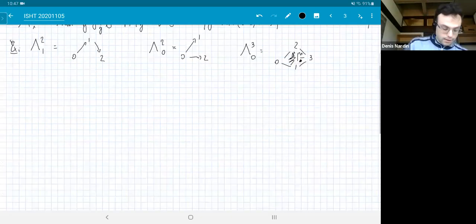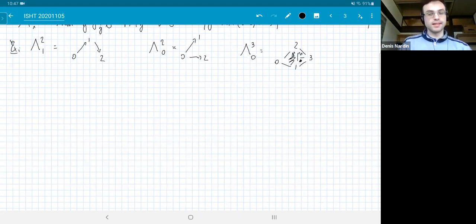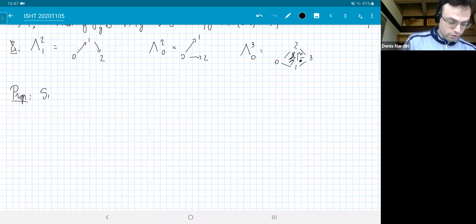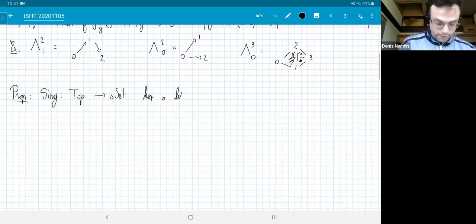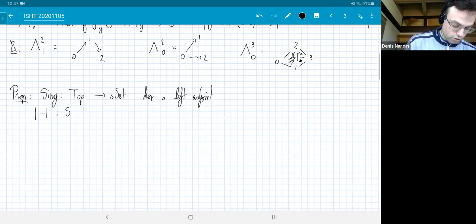Okay, let me state now a proposition that usually is like the very first thing people tell you about simplicial sets, but I postpone it until relatively late for one reason, because I actually think it's less important than people usually make it to be, but we are going to need it. So we have a functor Sing from top to simplicial sets, and this has a left adjoint, which is called geometric realization.